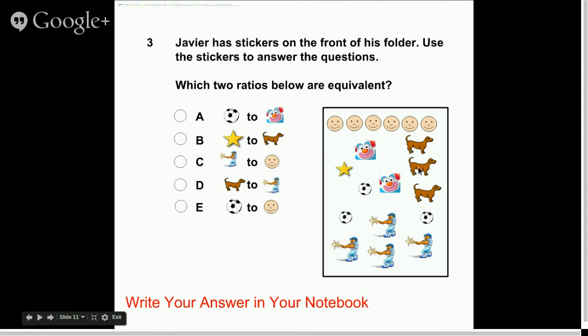All right, what about 3 to 4? No, those two are not equivalent to each other. And then 3 to 6, not equivalent. So just these ones and these ones.